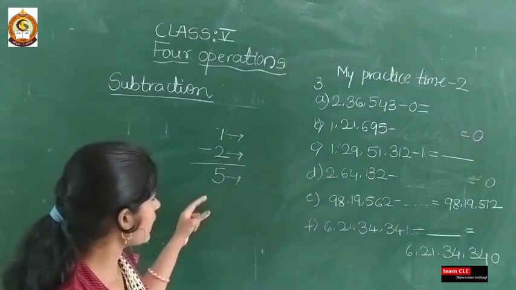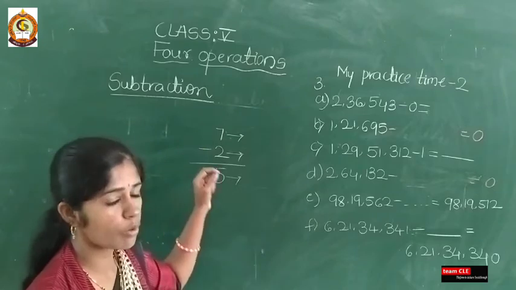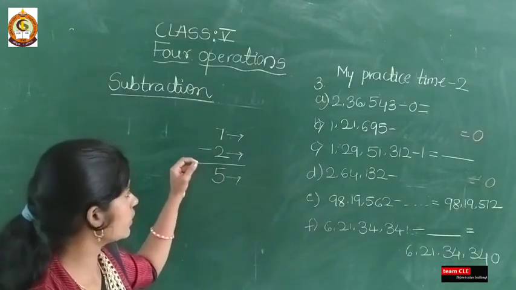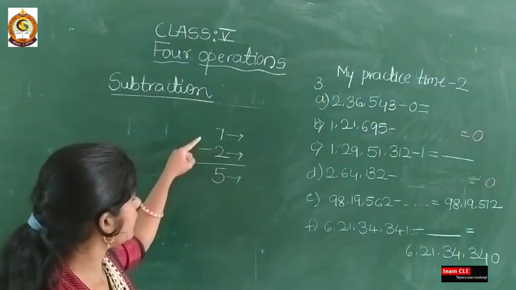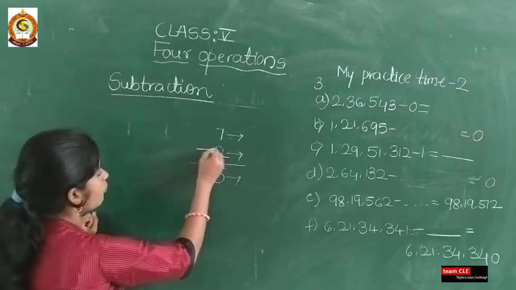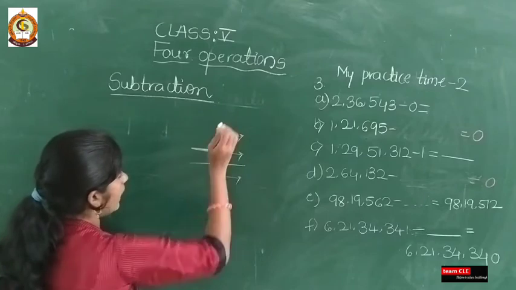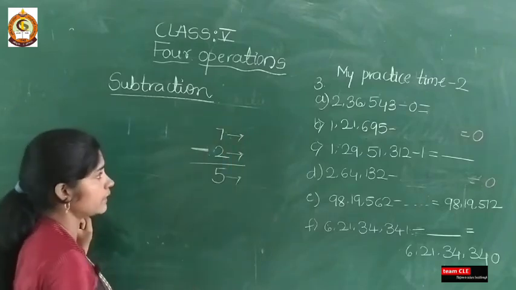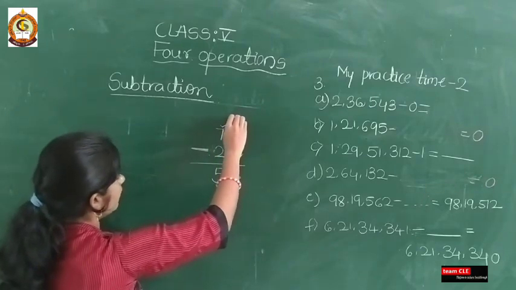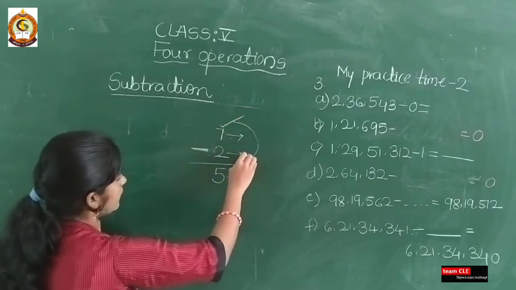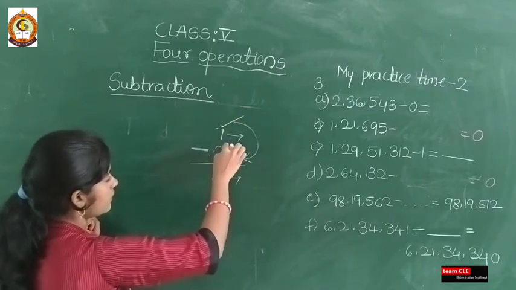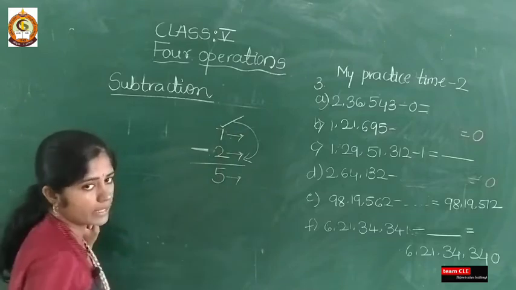Okay, so here subtraction means taking away a smaller number from a larger number, and see here, this is the symbol of subtraction. Always we subtract a smaller number from a larger number.